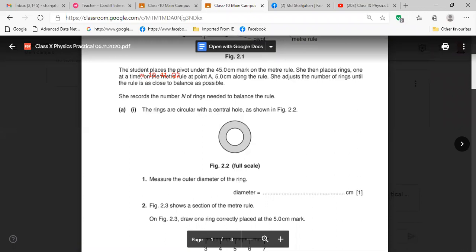Oh, that's making another problem. Is it possible to take another printout with the size as it's given, 100%? Yes, I can do it at home. It will be perfect then. Otherwise, it will not come correctly.